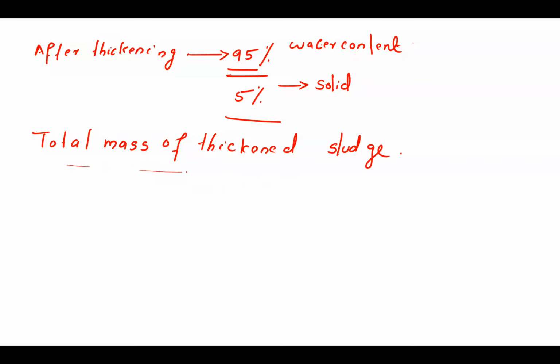So how do you calculate this? Total mass of thick sludge, you know that the solid percentage is 5 percentage, that means 0.05, right?